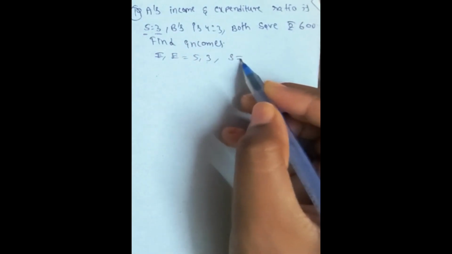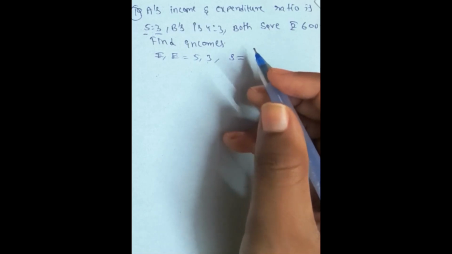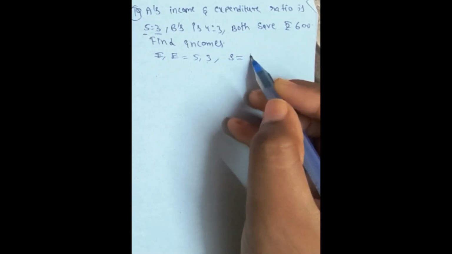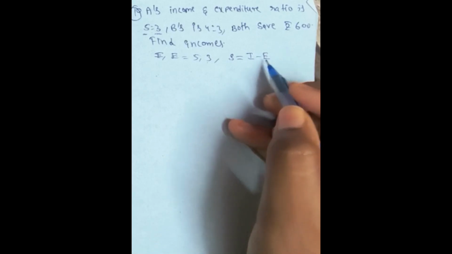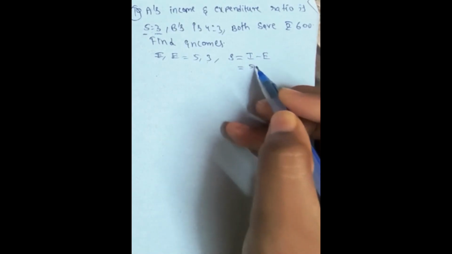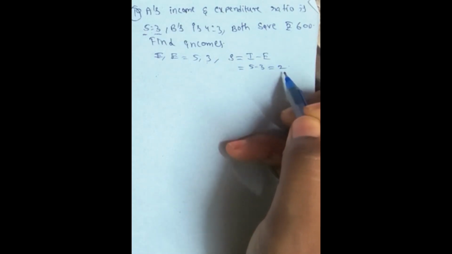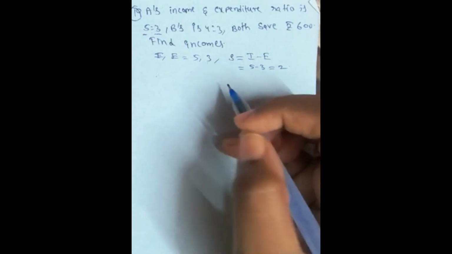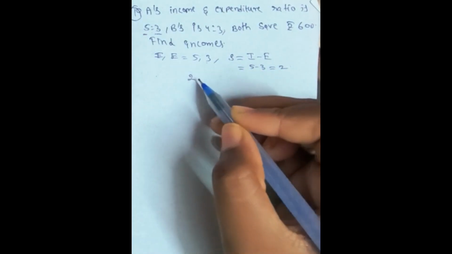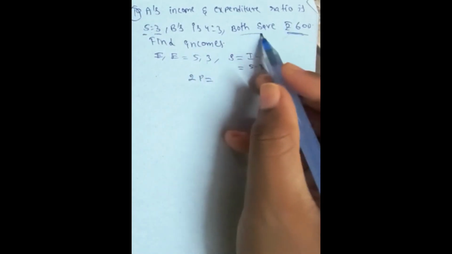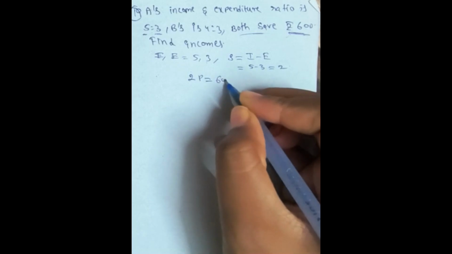Now we want the savings part. Actually they have not given us the savings part, so we have a formula here. Income minus expenditure is equal to savings, that is 5 minus 3 is equal to 2. We have the savings part for A also. So next, here two parts contribute 600 rupees because both save 600 rupees.